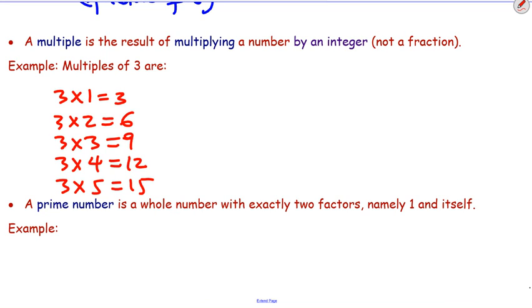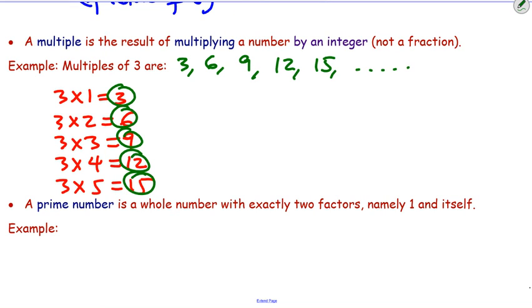So you have a list of these here, and these are what we call multiples of 3. So multiples of 3 are 3, 6, 9, 12, 15, and so on.